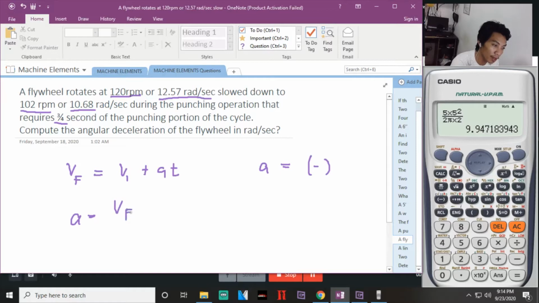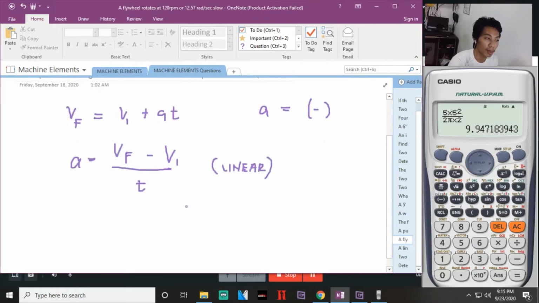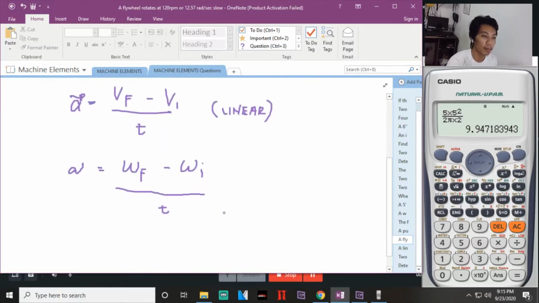So, a equals vf minus vi over t. Pero, this is linear. Kailangan pa natin siya i-convert to circular. So, this will be alpha equals omega f minus omega initial divided by t.